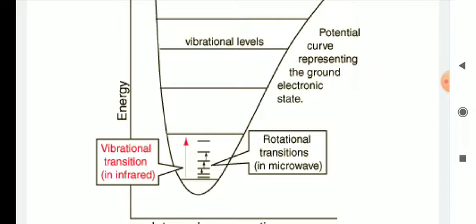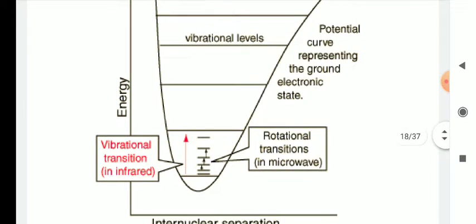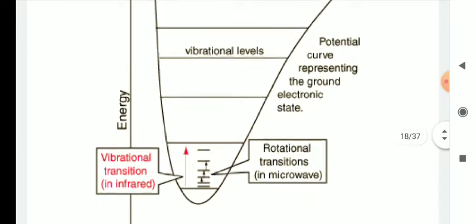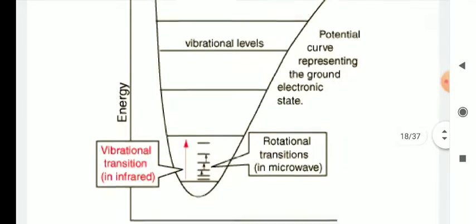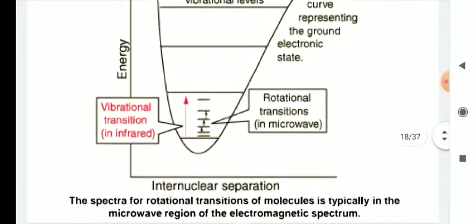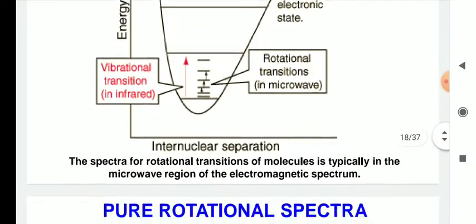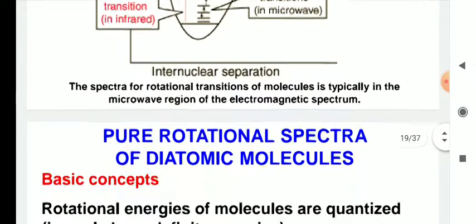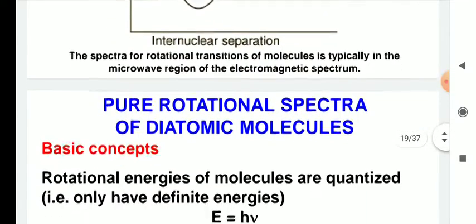Hence, there are transitions for rotational motion and transitions for vibrational motion of the atoms of the molecule, which correspond to lines. So the molecular spectrum is a band spectrum.